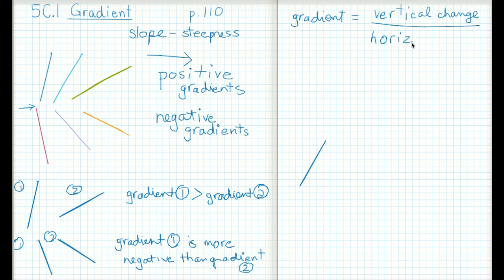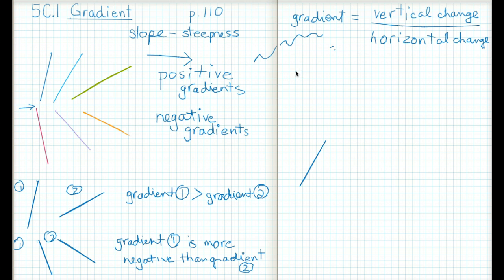And the thing about straight lines is that this ratio is the same no matter what part of the line you look at. It would be different if we had an actual mountain; real mountains do things like this and they're changing all the time. But if I just have a straight line like this, if I check the gradient over here, it should be the same as if I check the gradient over here. So it doesn't matter what part of the line we measure, just as long as the ratio between the vertical change and the horizontal change is the same all over.